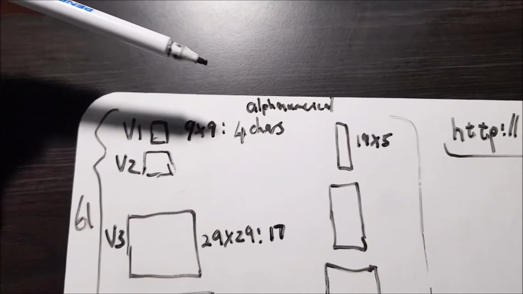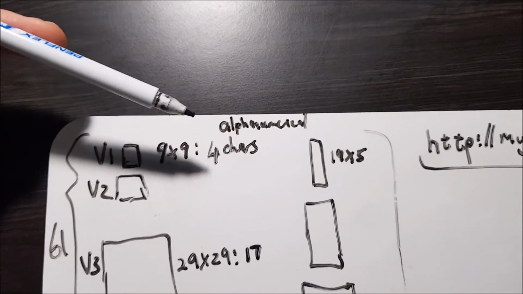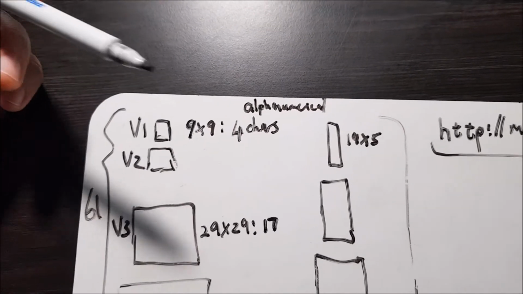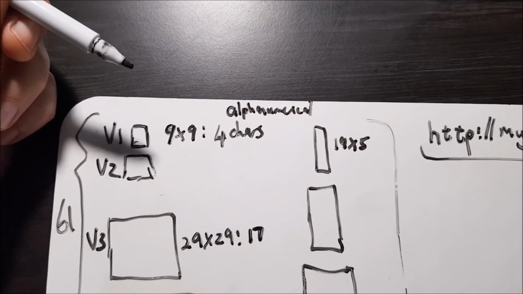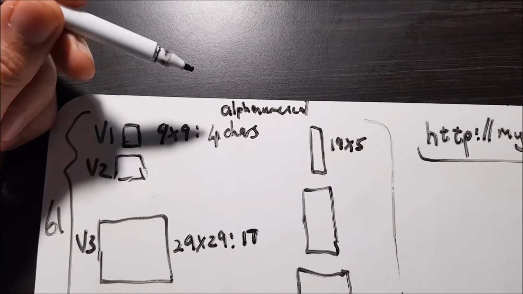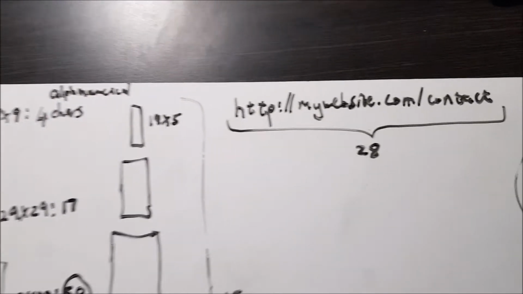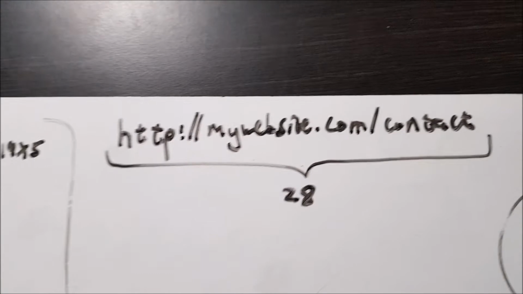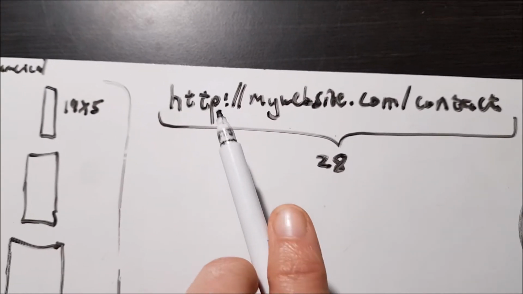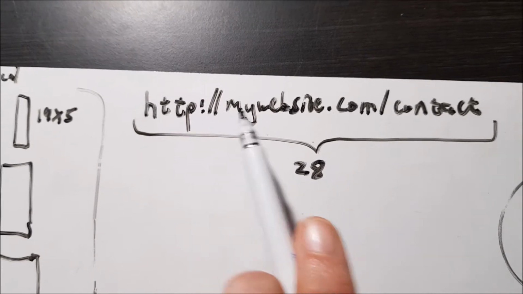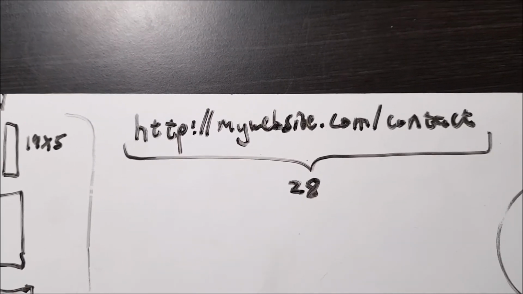Now, an alphanumerical character is pretty much, alpha is for alphabetical and numerical for number. So normally you would assume that it would be, for example, A to Z and 0 to 9. But in this specific context, alphanumerical actually refers to a few more characters. Most importantly to note is that it includes colons and forward slashes, and hyphens, which are often used in URLs.